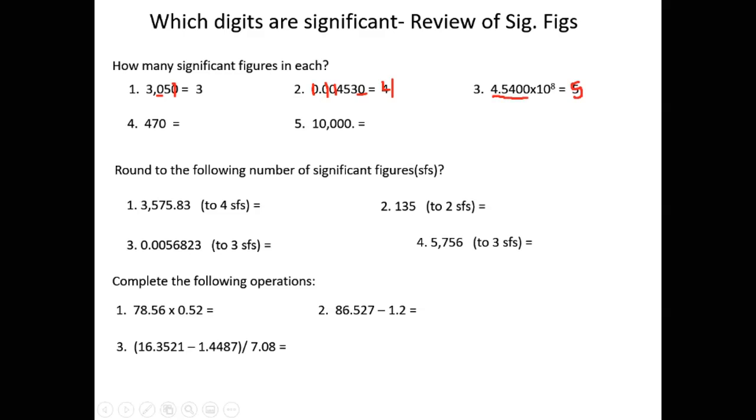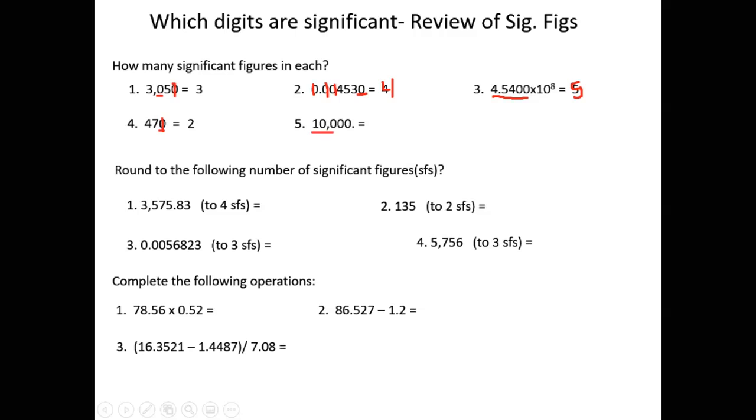Next, we have 470. The 4 and the 7 are significant because they're non-zero numbers. The 0 is insignificant because there's no decimal point, so this has 2 significant figures. Finally, 10,000 with a decimal point at the end.